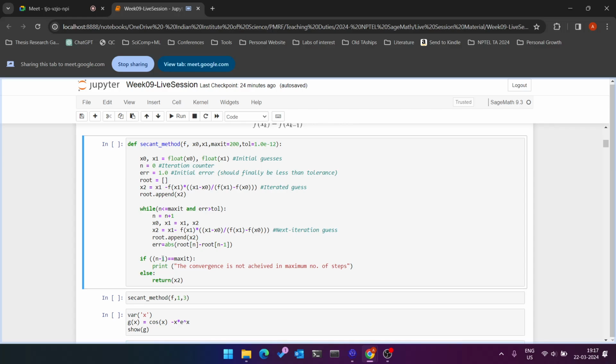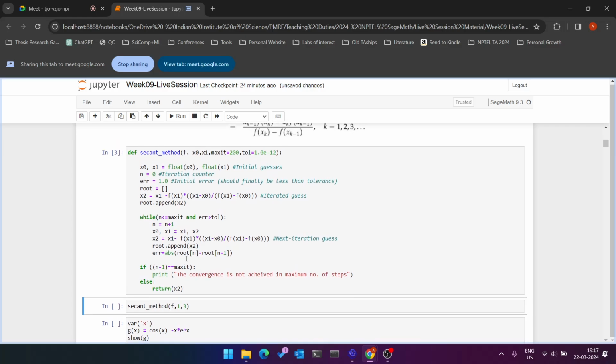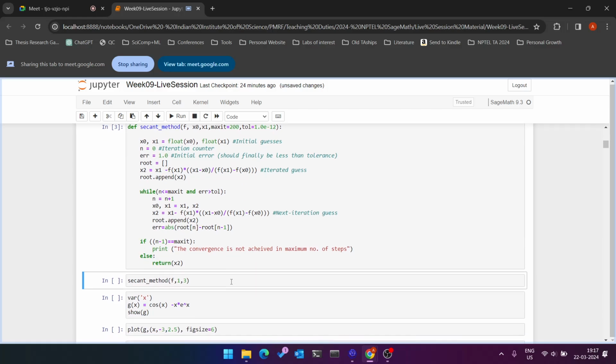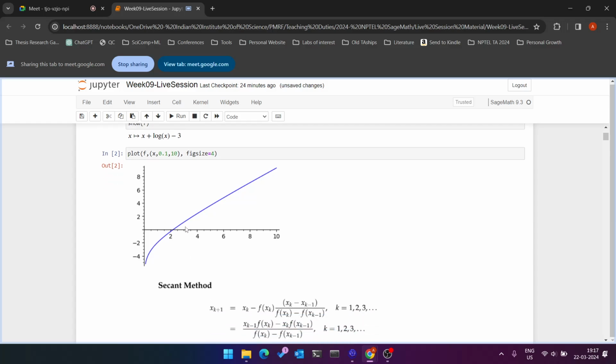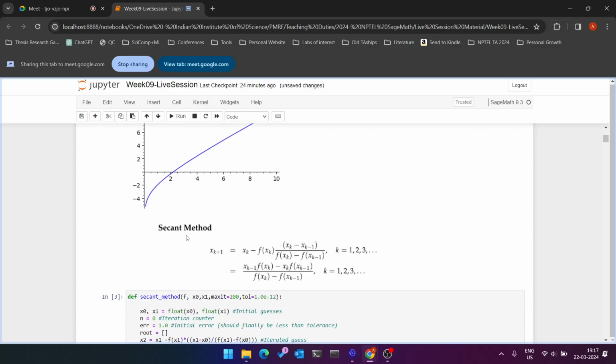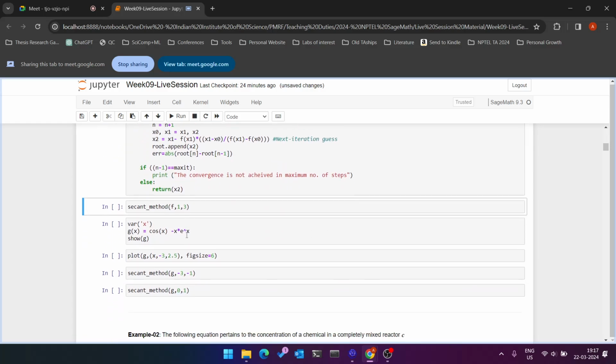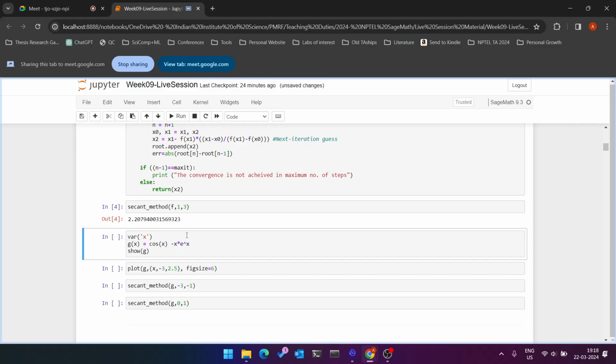So if I run this cell, the function is now specified, and now I'll be running the secant method. Here I'm leaving maximum iterations as 200 and tolerance as 1e minus 12. My first two guesses, I'm just taking them as 1 and 3, not necessarily on opposite sides or the same side, just 1 and 3 for the sake of it.